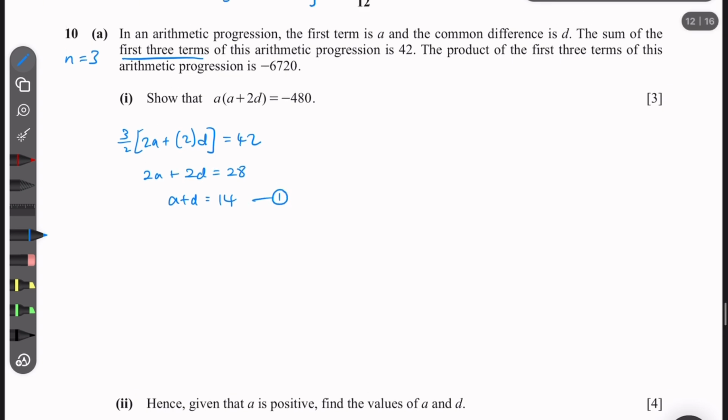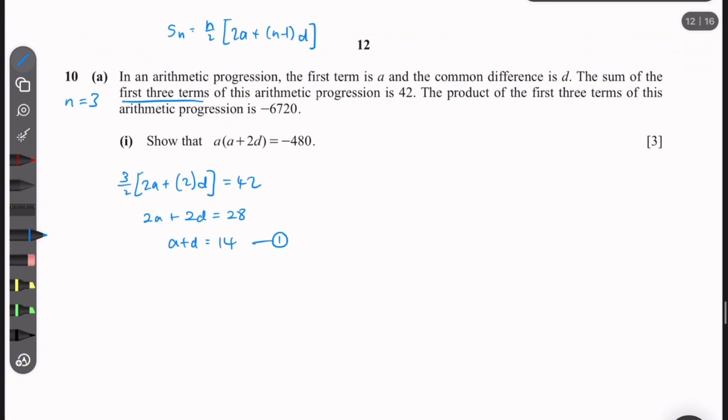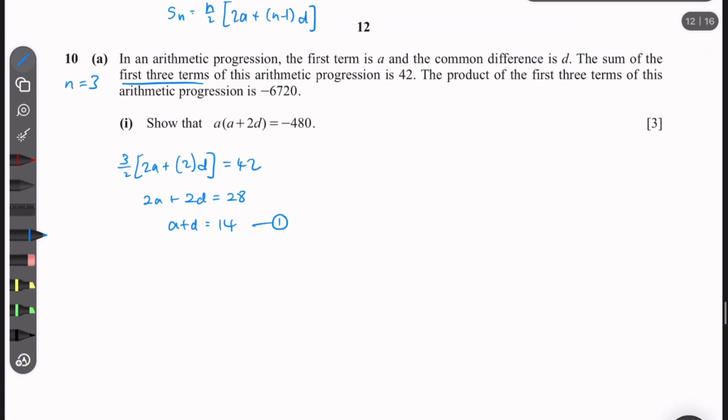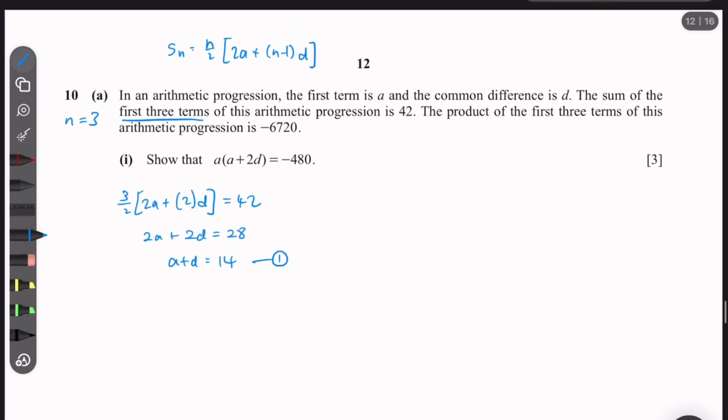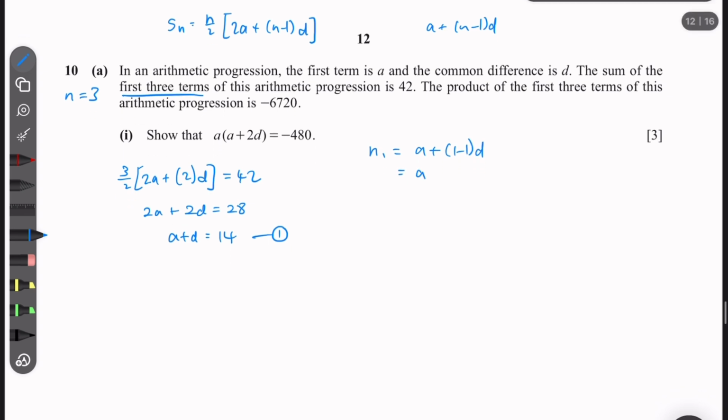And then the question says that the product of the first 3 terms of this arithmetic progression is minus 6720. So we can find the nth term for arithmetic progression, which would be a plus (n minus 1) times d. Okay, so when n is 1, the value is a.